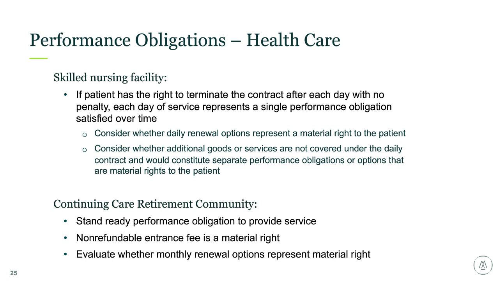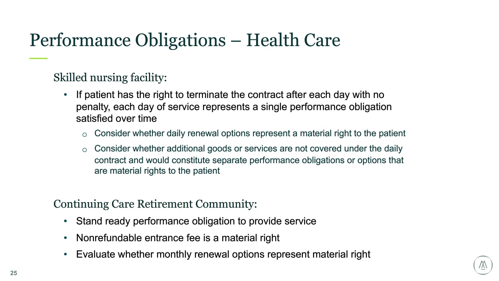And then for CCRC, the typical agreement for a Type A life care resident provides that the resident can live at the CCRC and access health care as needed for little or no increase in periodic fees other than as stated in the agreement. And the goods and services the resident will receive are dependent on the resident's health and lifespan, along with their decision to continue to reside at the organization.